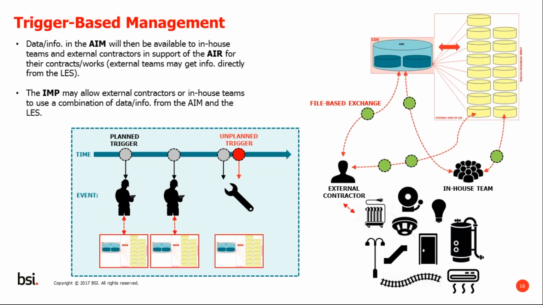You can assign inspection and maintenance plans against given classifications of assets, and you can generate work orders from that, so that the on-site teams or the external contractors can retrieve the information directly from the asset information model. That's either through the CDE itself or through the linked enterprise systems. So that on site they have exactly what they need in order to carry out their job, and then they can potentially do live updates to that asset information model. So we continually keep this one-to-one correspondence between the physical assets and the digital assets.